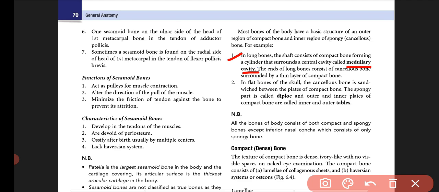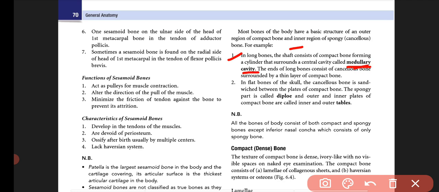Normally in long bones, the shaft, the middle portion, consists of compact bone in the outer region, which surrounds the central cavity known as the medullary cavity.